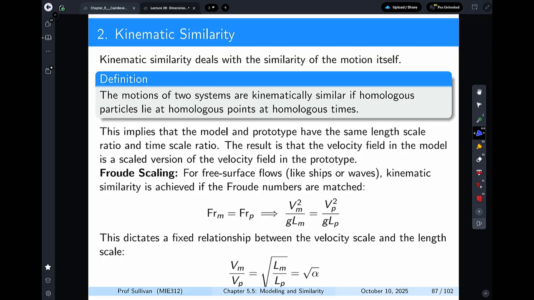And kinematic similarity is achieved if the Froude numbers are matched. No problem. Velocity squared over g L for the model, velocity squared over g L for the prototype. G in both cases is the same because we're not going to move to another planet to do this. And so velocity of the model over velocity of the prototype has to scale as the square root of the model length over the prototype length. And we can call that alpha.